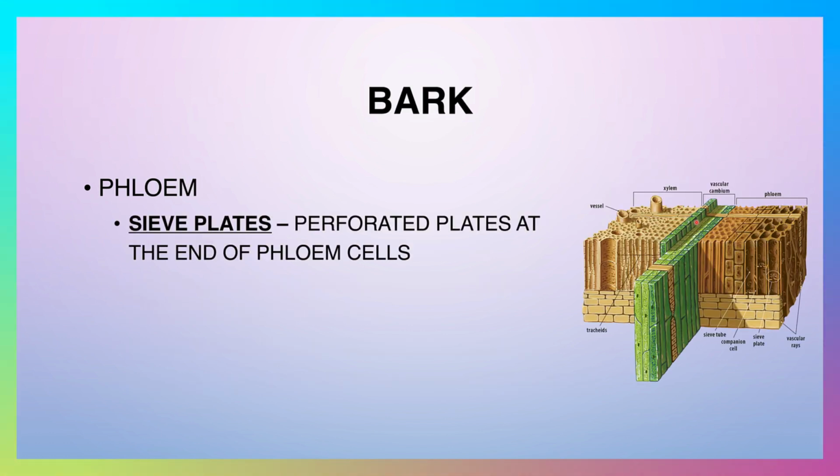Now the phloem is made up of a series of tubes, and the end of each tube is something known as a sieve plate. The sieve plate is a perforated plate at the end of the phloem cells that allows fluid to flow through. And here on this diagram is a sieve plate.